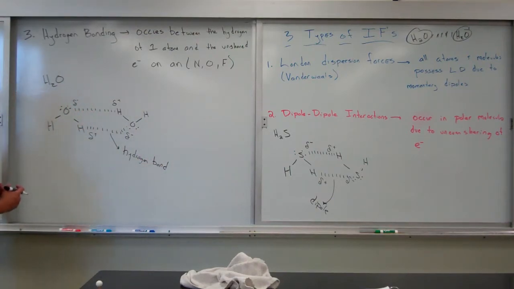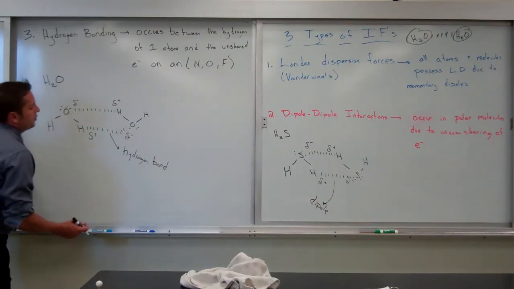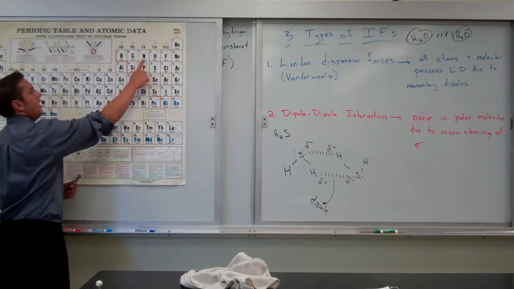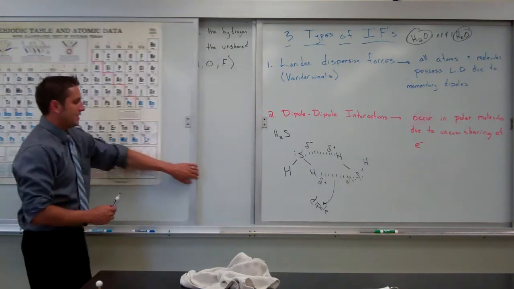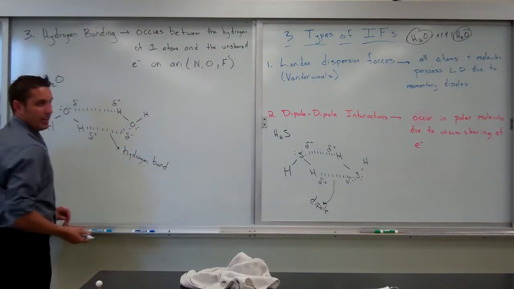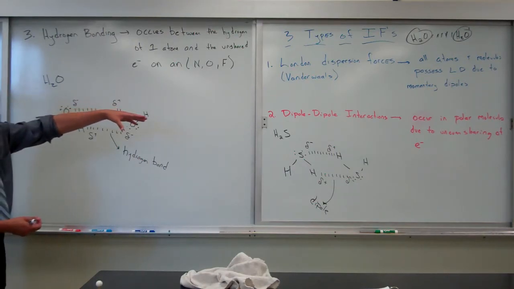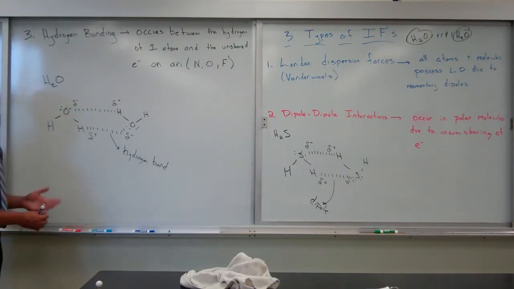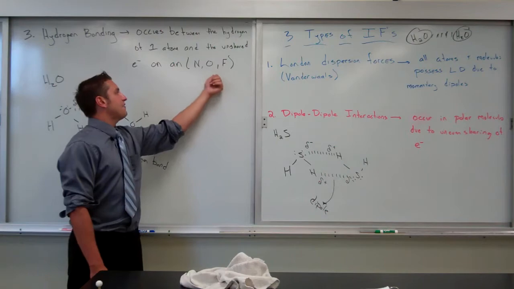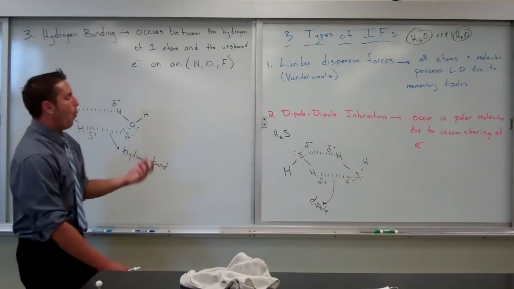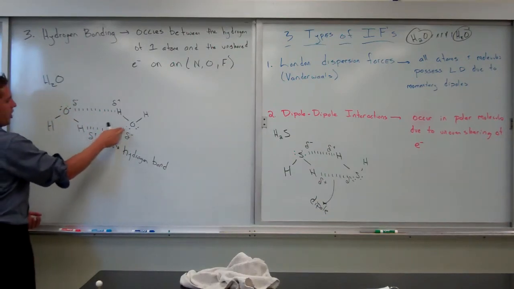The reason that it is specifically with N, O, or F is that N, O, and F are three of the most electronegative elements that we know of. So there's a very large inequity in sharing of electrons with those three atoms. A dipole-dipole interaction and a hydrogen bond are almost identical. The only difference is the dots that are getting shared have to be on an N, an O, or an F with the hydrogen. So H with the dots on an O here, H with the dots on an O here.